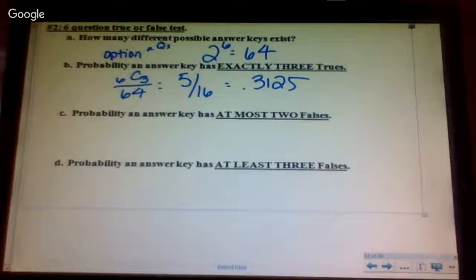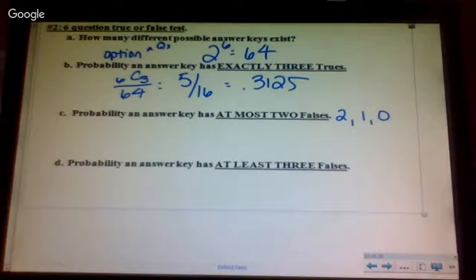Probability of having at most 2 falses. What does this mean? You can't have any more than 2, so that's 2, 1, or 0.